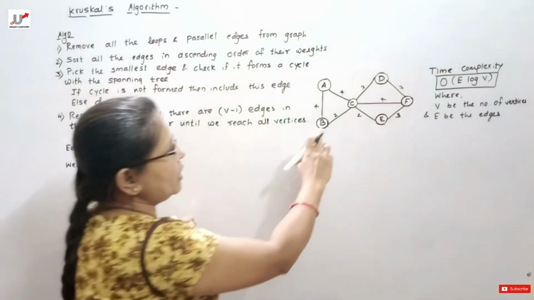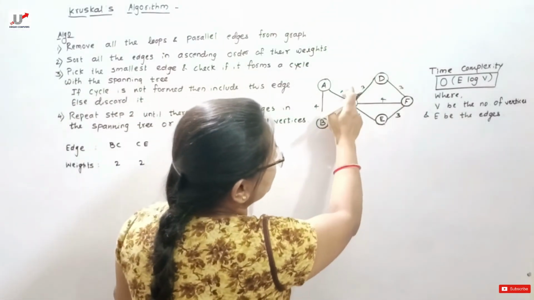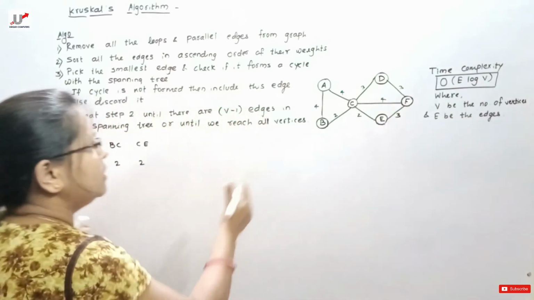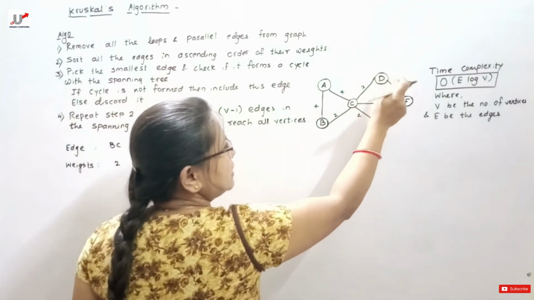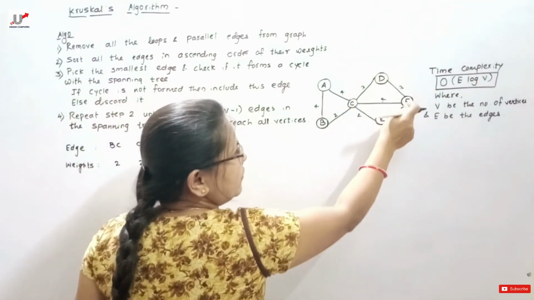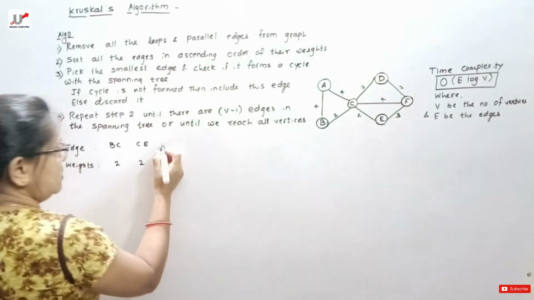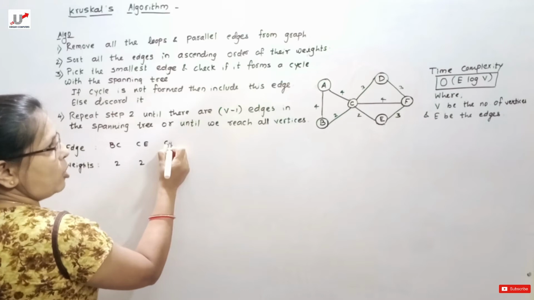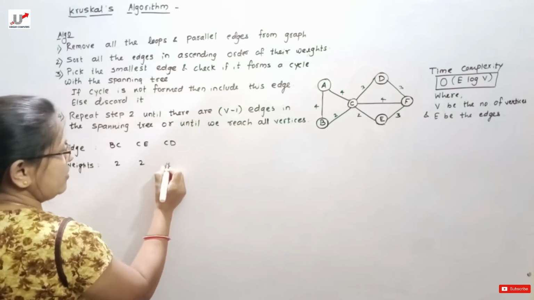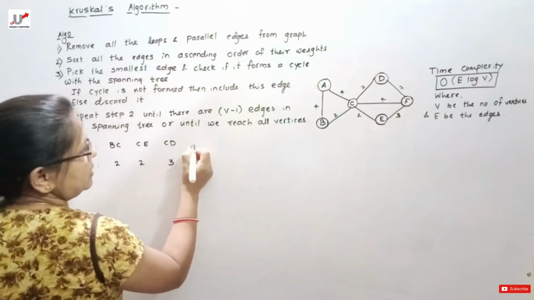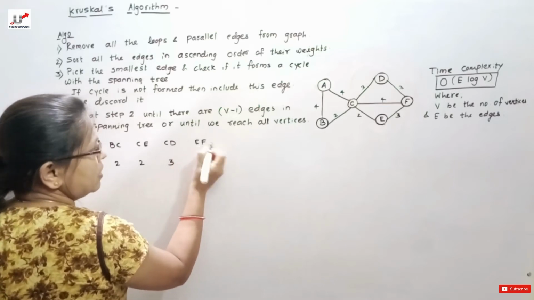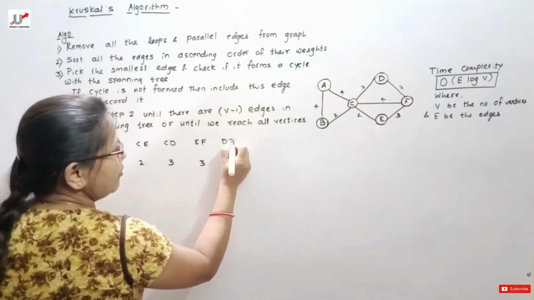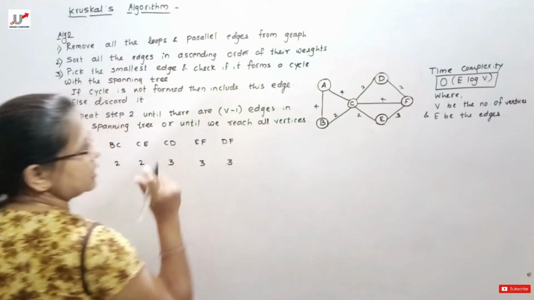Then the edges having weight 3. There are 3 edges having weight 3: CD, EF and DF. So arrange them according to ascending order of their weights. CD having weight 3, then EF having weight 3, and then the next one is DF having edge weight 3.